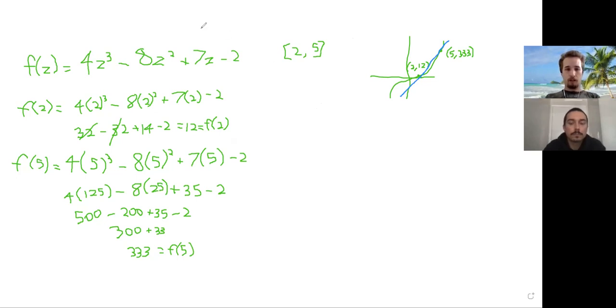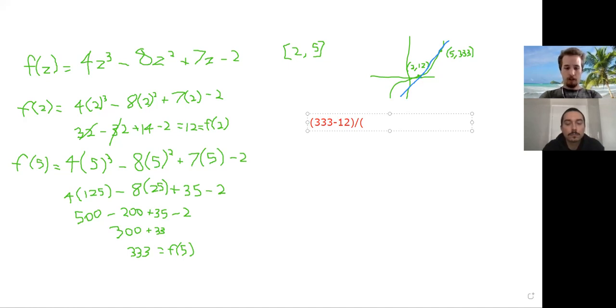So let's see. We take our y values, 333 is our one y value, and subtract the 12. And then we divide it by our change in x values, right? Change in y over change in x is equal to slope.